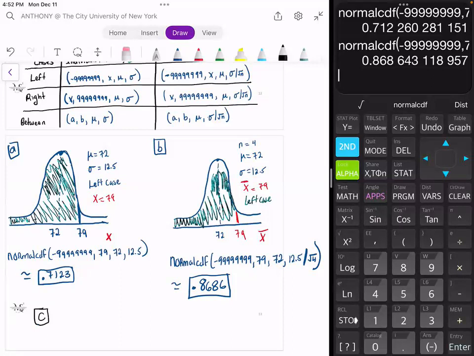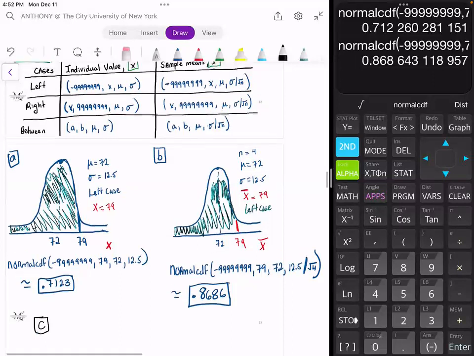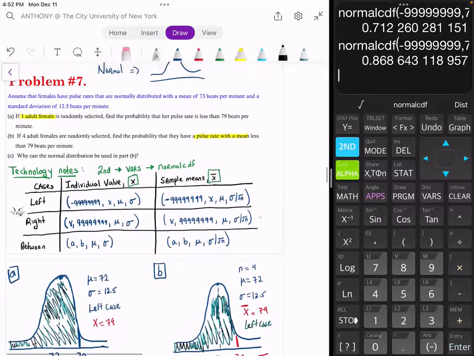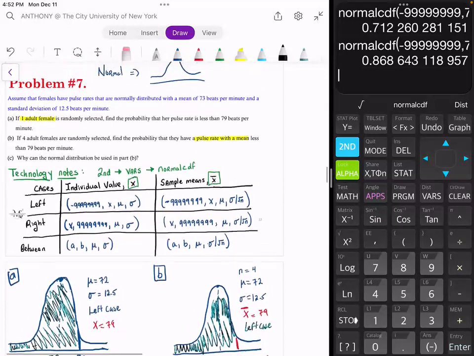The reason I can use the normal distribution is because of the central limit theorem. The original data for pulse rates of females was normally distributed. So regardless of their sample size, the sample means are going to be normally distributed as well.